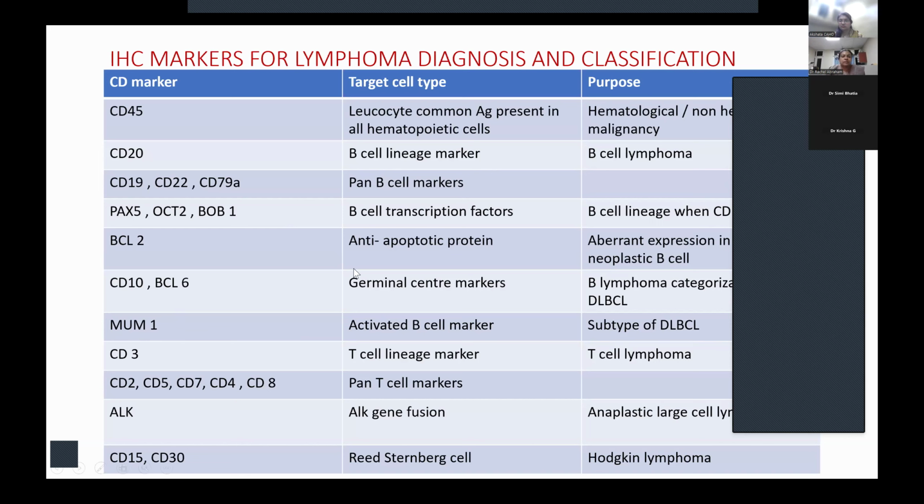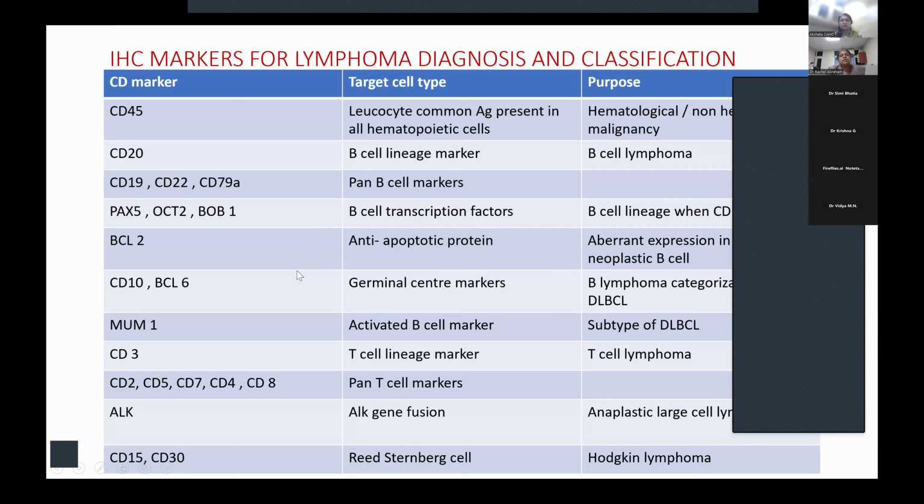Examples include PAX5, OCT2, and BOB1. The use of these additional B lineage markers is especially useful in some lymphomas which can be CD20 negative. For example, an anaplastic large cell lymphoma or a plasmablastic lymphoma, they are usually CD20 negative, and the application of these additional B lineage markers will help you to identify the B cell lineage.